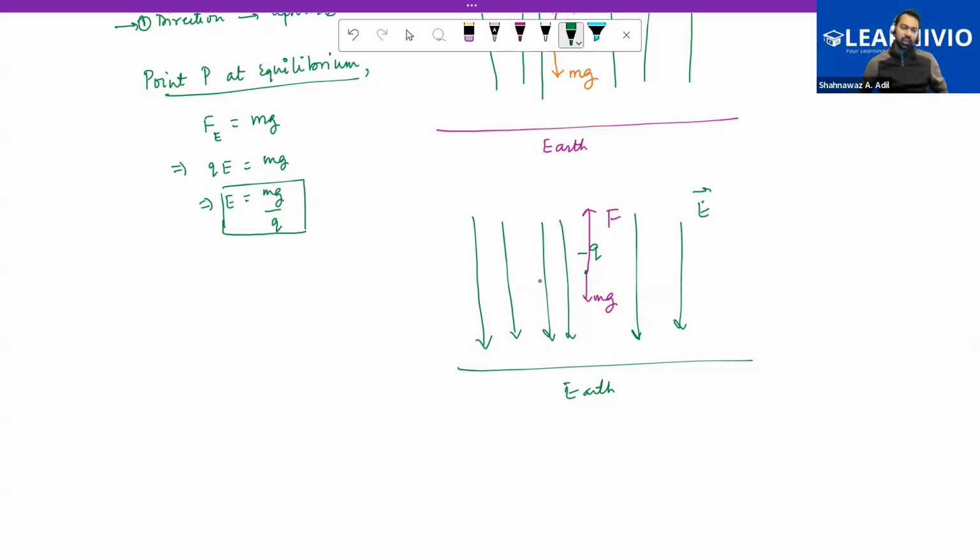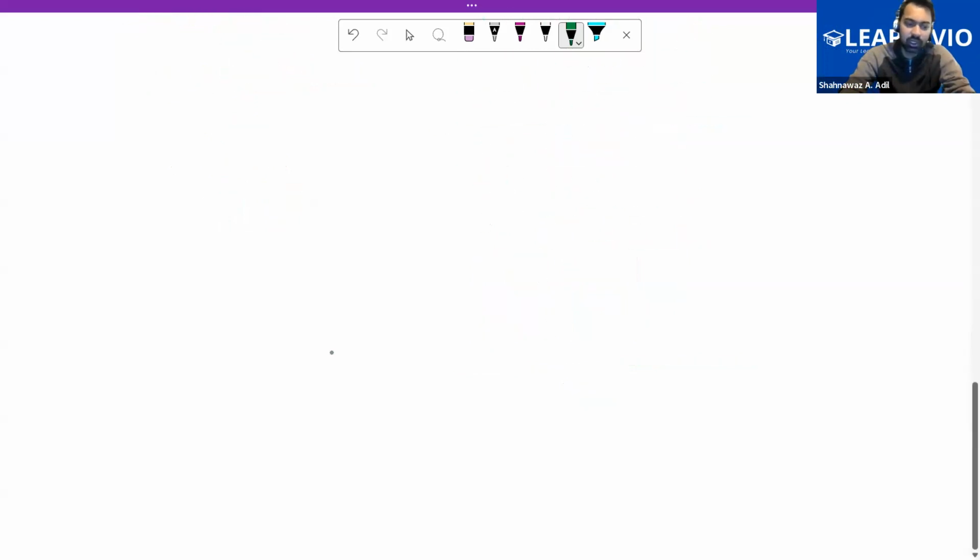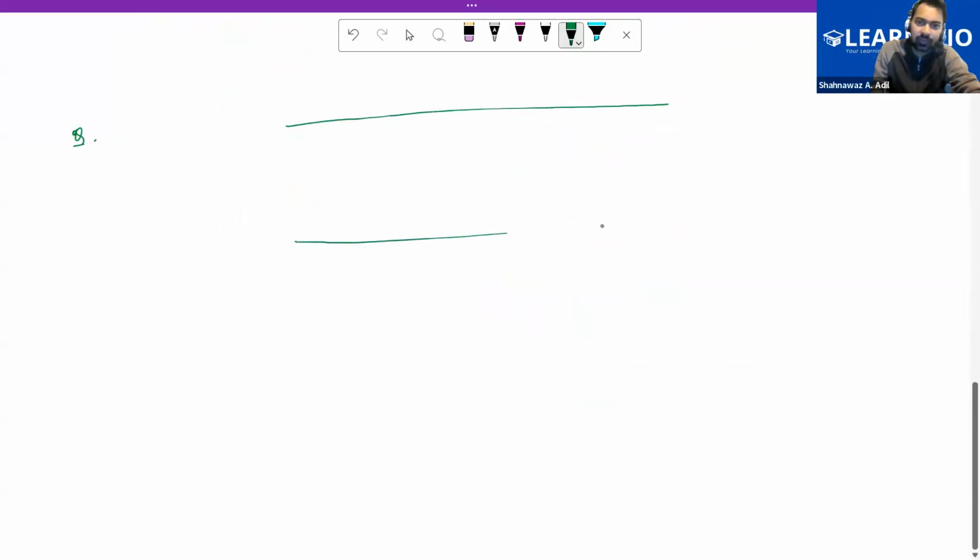Done. Okay, so now let us do another kind of question. The question is in this form. You have a tunnel, and it has an electric field in this direction.